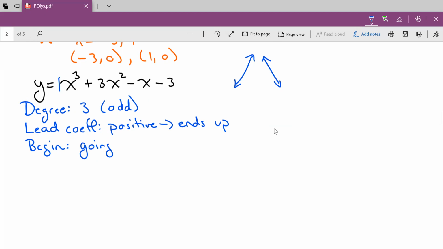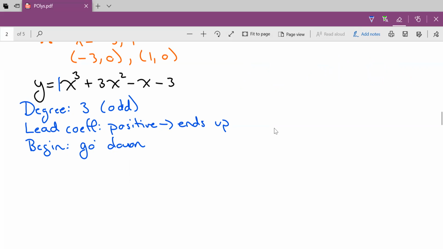It's going to go down. Okay, so odd functions go in opposite directions. They go down, up, or up, down. All right, so now we've got that.